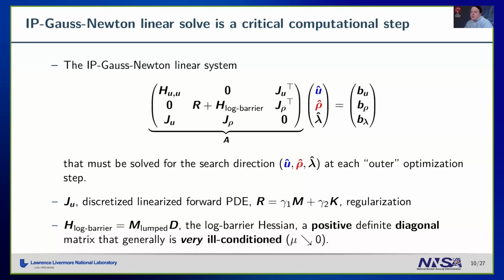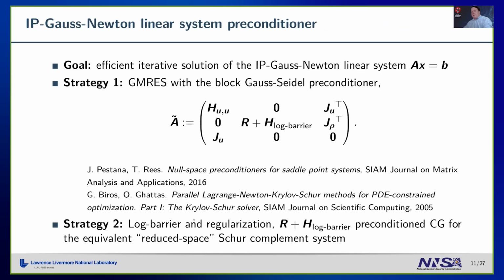For this problem, it is a lumped mass matrix and some diagonal matrix that becomes very ill-conditioned as we approach the optimizer, as we reduce this barrier penalty term. And so in order to design a scalable framework, we're aiming to design an iterative linear solver for this linear system. But this can be challenging for that purpose.